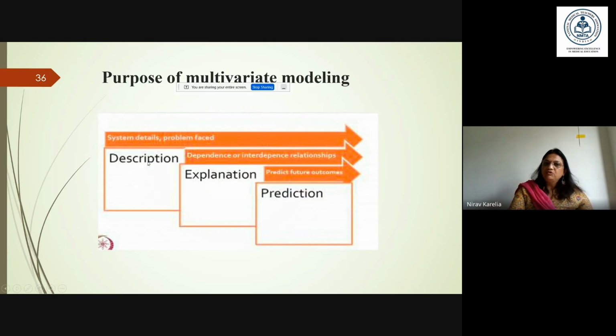We use descriptive statistics, then inferential statistics to explain the variability. Now in the current era, everything is on the basis of prediction. Prediction means decision making, so model making. And due to this, there is a role of multivariate analysis. So this is a very current concept.